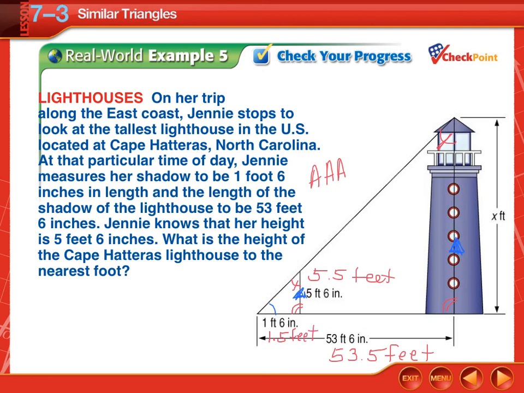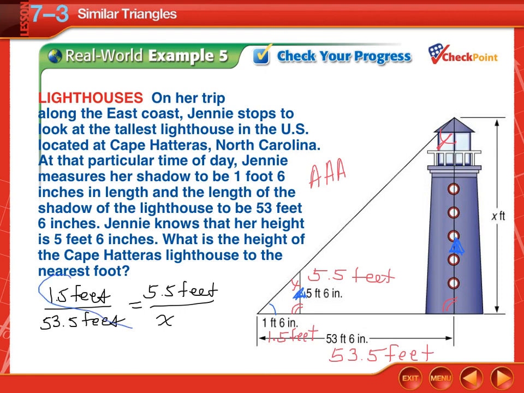So set up your proportion. First look at Jenny's shadow. 1.5 feet of Jenny's shadow corresponds to 53.5 feet of the lighthouse shadow, as Jenny's height, 5.5 feet, is to the height of the lighthouse. Okay, so we can cross multiply.